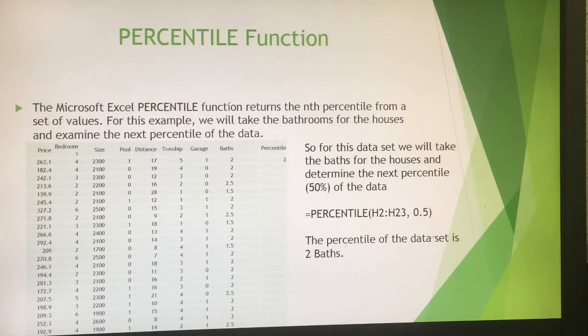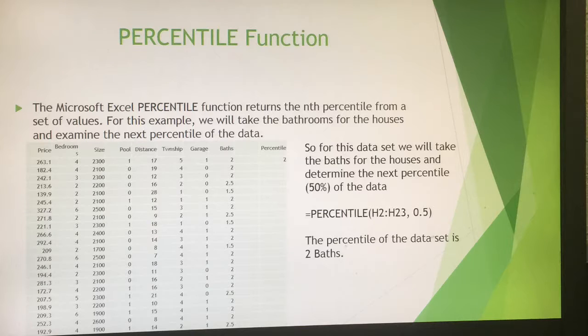Next we're going to be talking about the percentile function. It returns the nth percentile from a set of values. For the example, we're going to take the bathrooms of a house and examine the percentile of the data. So in order to do this, we put our equal sign, type in percentile, and it should already come up.